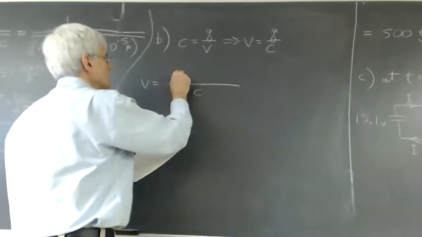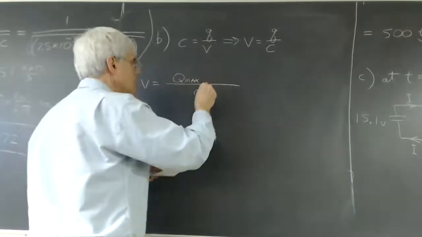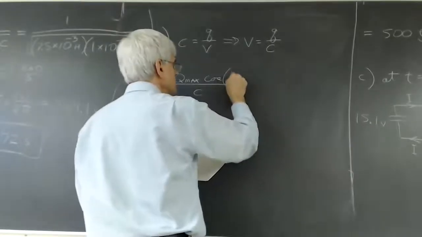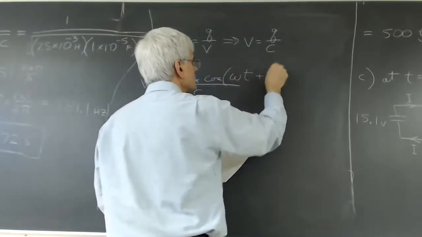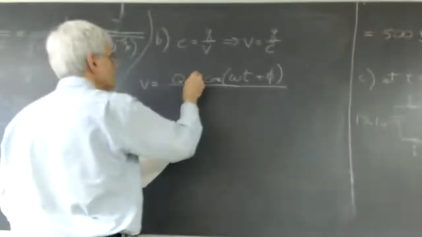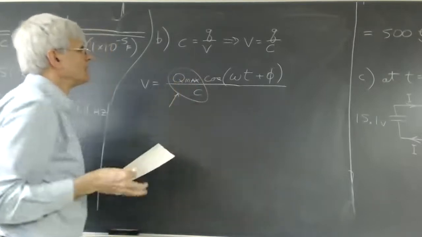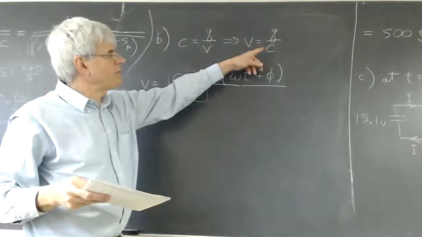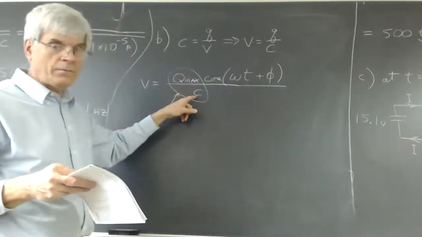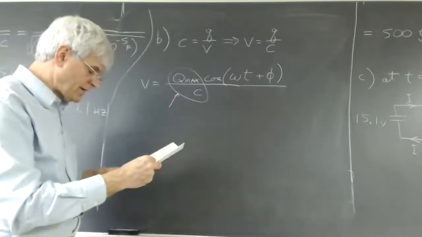That's Q max cosine of omega t plus phase angle phi. Since Q over C equals volts, Q max over C would be the maximum volts, which was the 500.